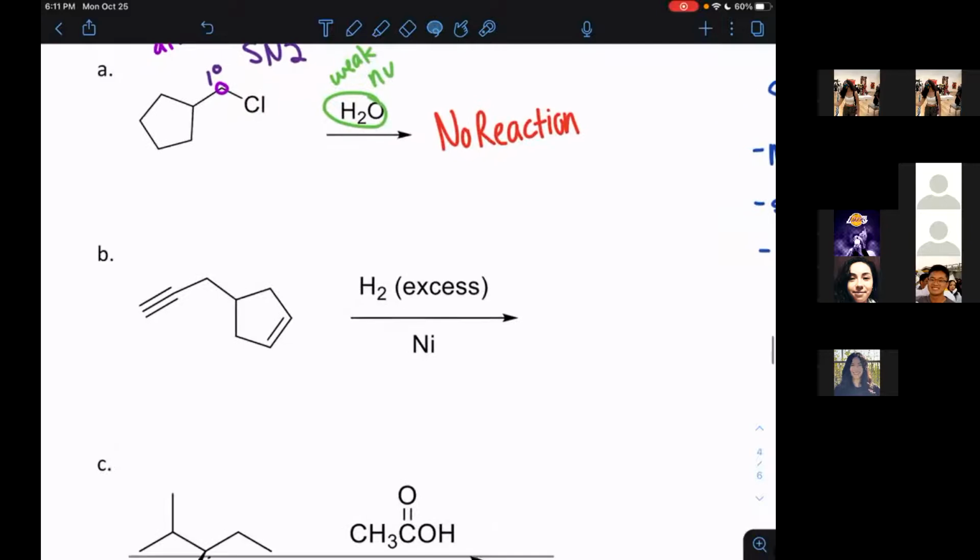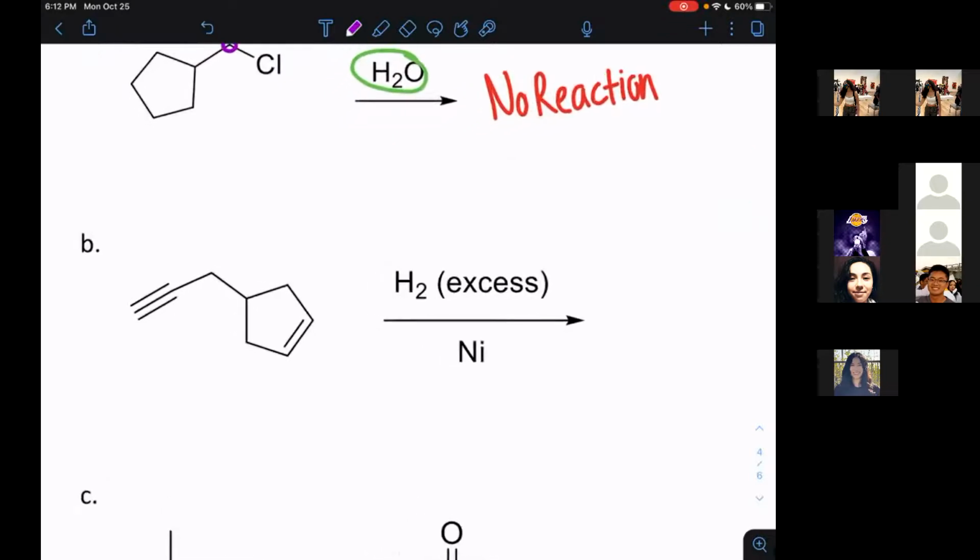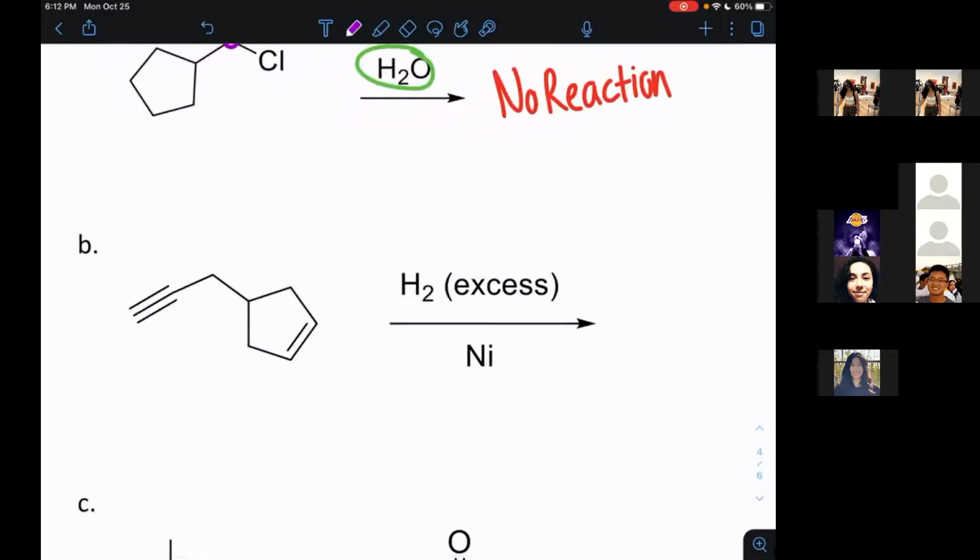This one, let me check. We talked about it last time. The excess makes me feel like it does the alkyne to alkane, but does it or no? I believe it does, the excess. Oh, it does both. There's a plethora of H2, so it's going to take all the bonds down.